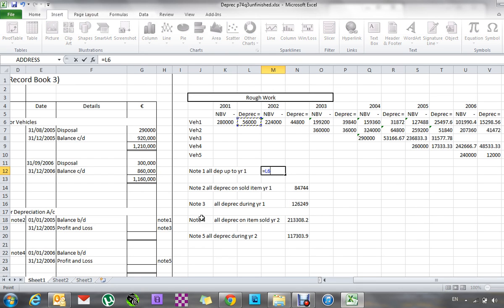So that's that number plus that number plus that number plus that number plus that number. No, for some reason it's not coming up.